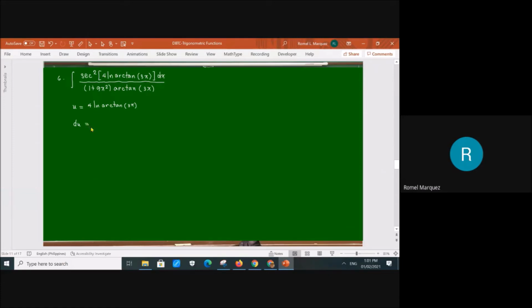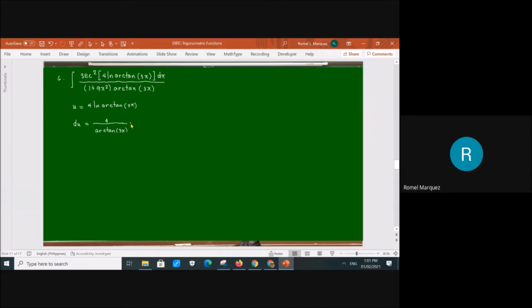What is its derivative? First, 1/4 times 4 over, because you have 4 there, over u, no? What is u? The u of ln is arctan of 3x, but you have to multiply this by the derivative of arctan.